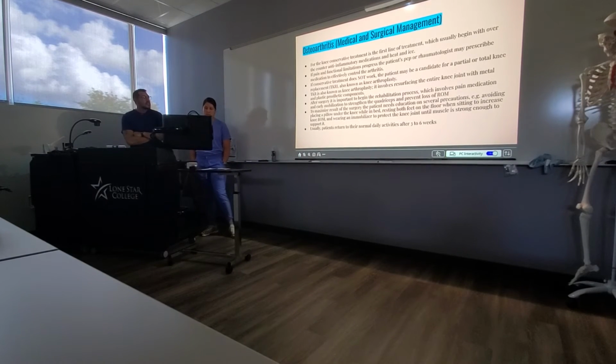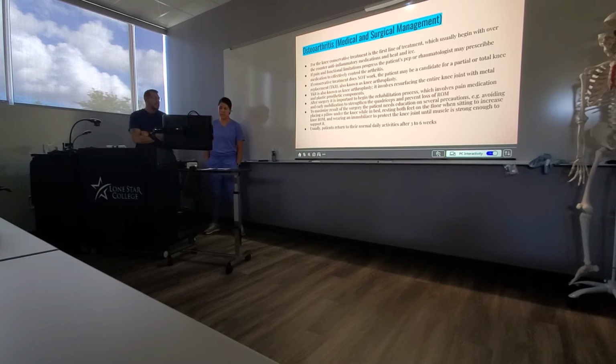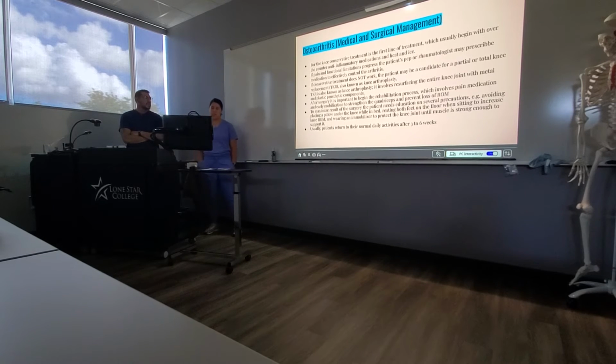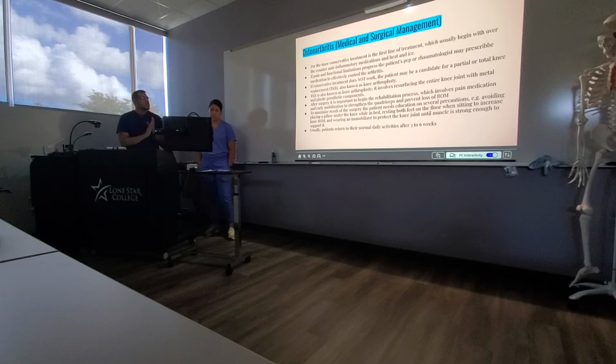If that doesn't work, then the patient may be a candidate for partial or total knee replacement. The total knee replacement involves resurfacing of the entire knee, replaced by a plastic or metal prosthetic component.